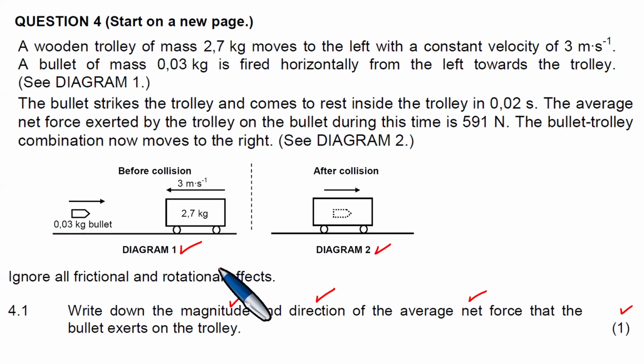Is everybody lost? All right, the answer is already in the story, because the average net force exerted by the trolley on the bullet during the time is 591 newtons. Now to write down the magnitude and direction of the average net force that the bullet exerts on the trolley.